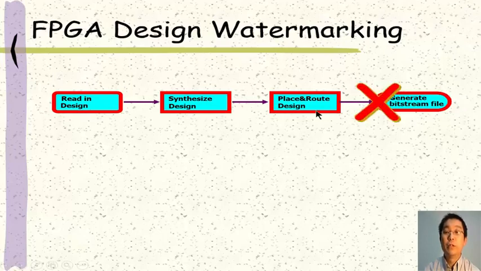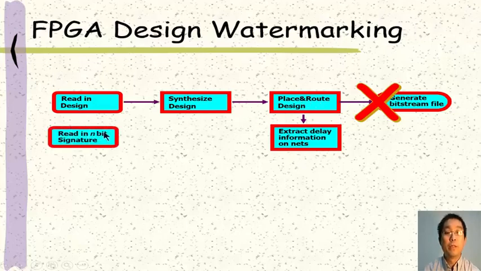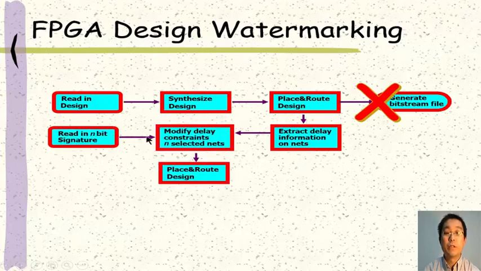What we do is we try to extract timing information on certain paths from the place and route result. And we'll combine this with the author's signature to use the author's signature to modify the delay information on these certain nets. And then we do the place and route again.